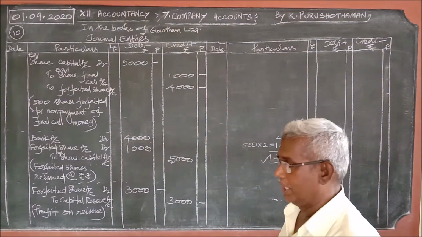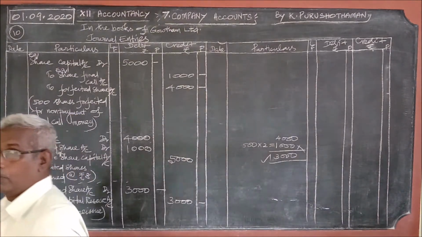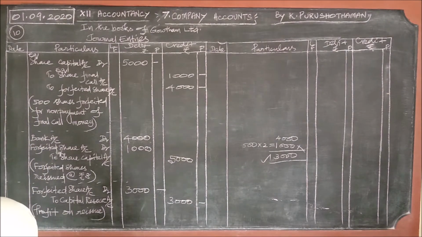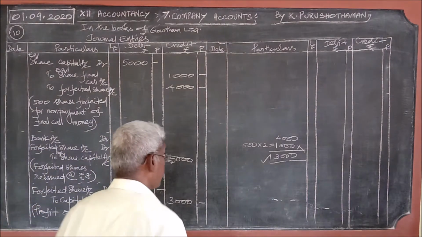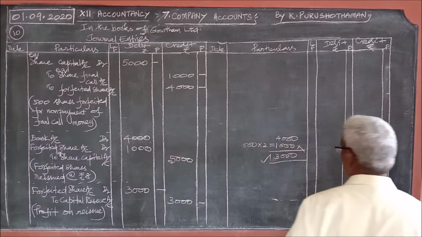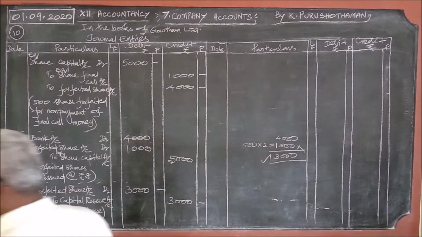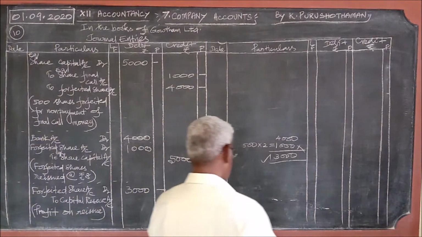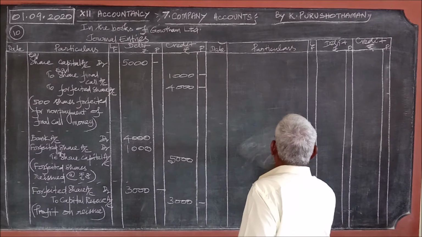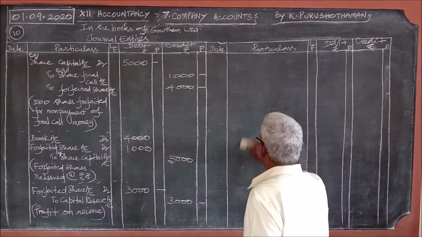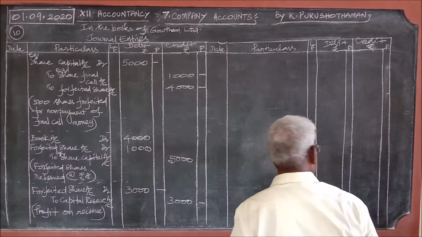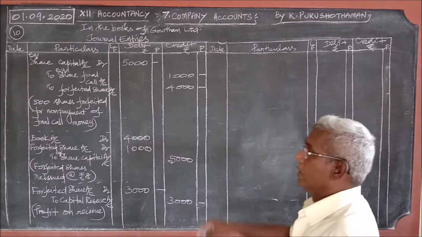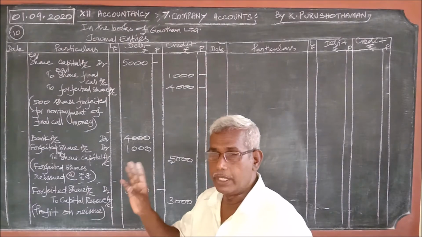That you should understand. Then next problem, one more problem we can see, problem number 11. In this also, pass journal entries for forfeiture and reissue. Listen carefully. Generally, this is a definite question: pass journal entries for forfeiture and reissue.